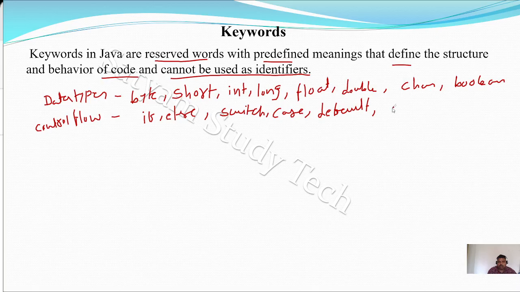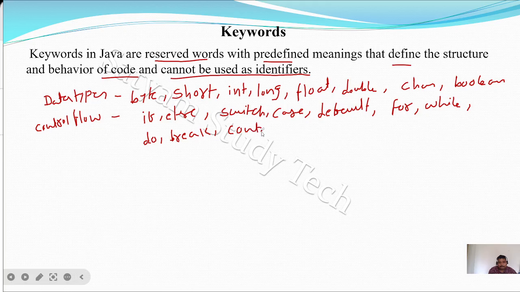And looping statements like for and while, do, break, continue, and return. These are the control flow keywords.